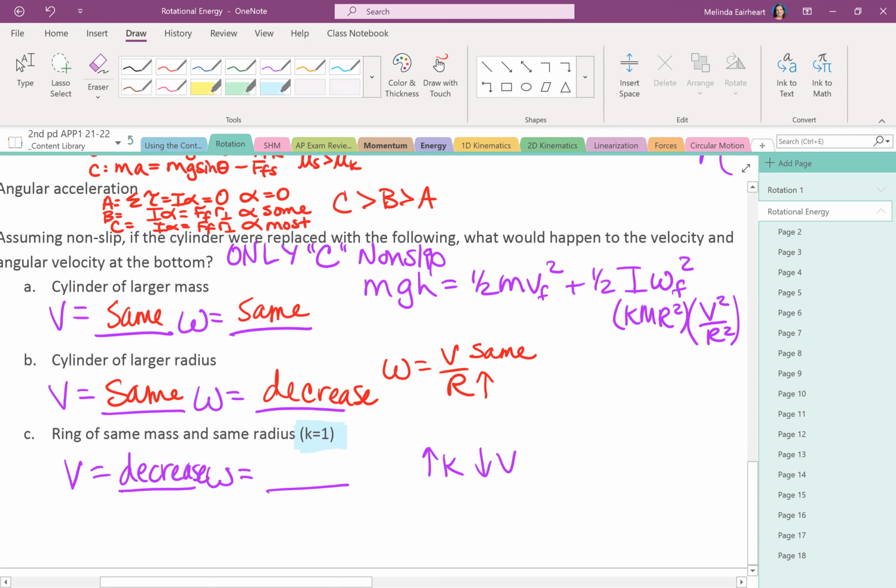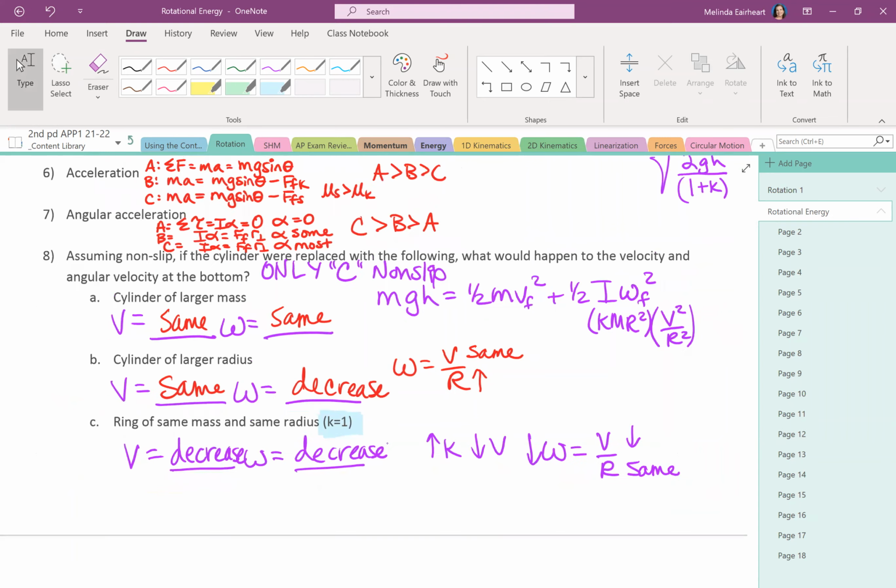And omega does depend on that linear velocity, with the same radius. Using that same equation, our denominator's the same, but we have a smaller linear speed. So what are we going to get for angular velocity? Smaller, it's going to decrease as well. Direct relationship with the same radius. Good deal. And again, that's why hollow always loses, because it's not translating as much.